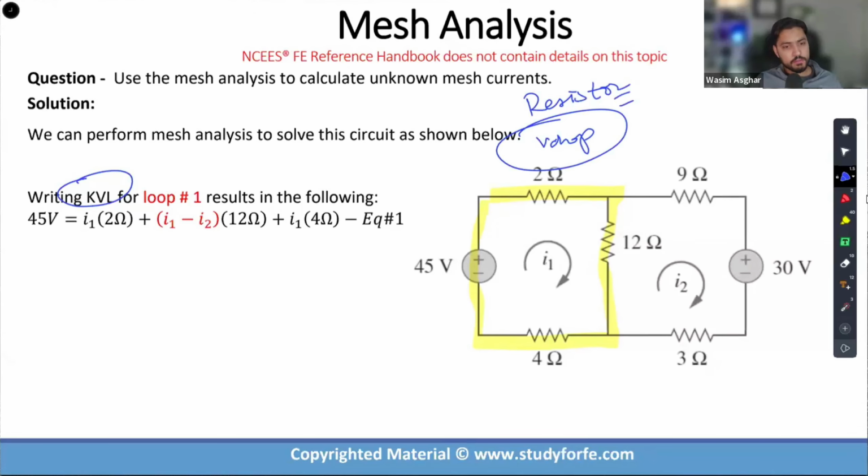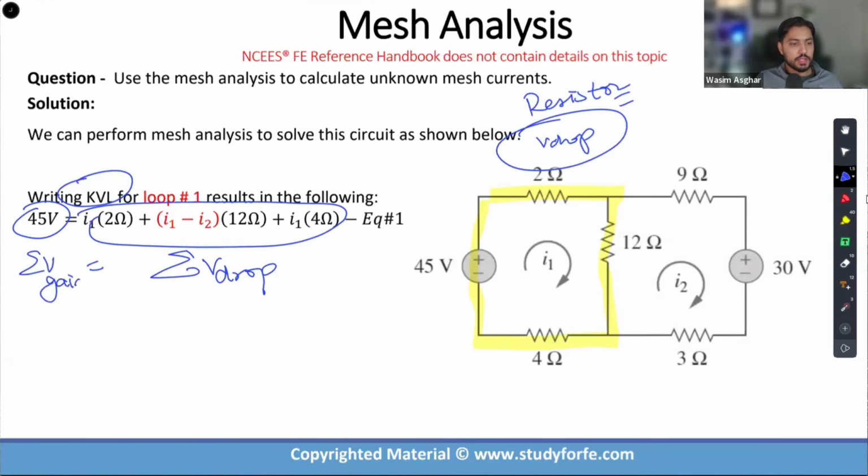So this is very easy. The way I recommend my students to write these equations is to collect all the voltage gains on one side and voltage drops on one side. So right now what we see over here is a summation of all the voltage drops on the right hand side, and this is a sum of all the voltage gains on the left hand side.